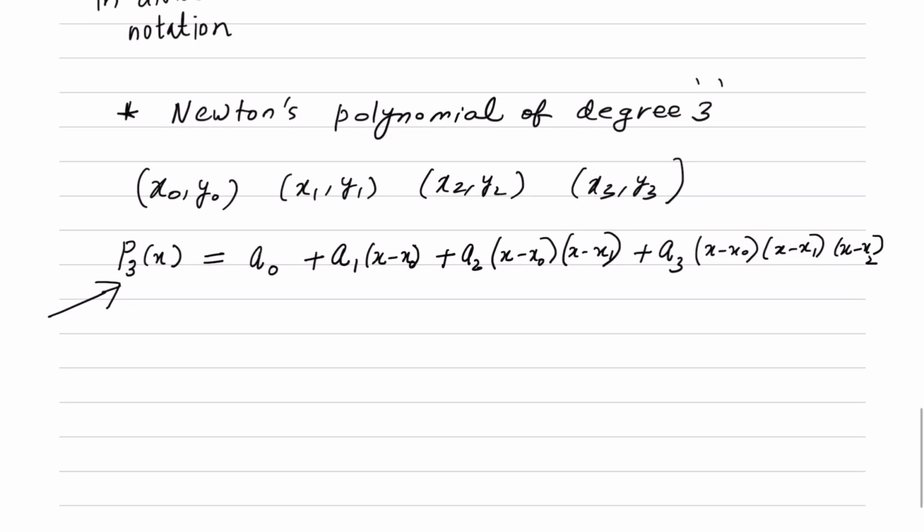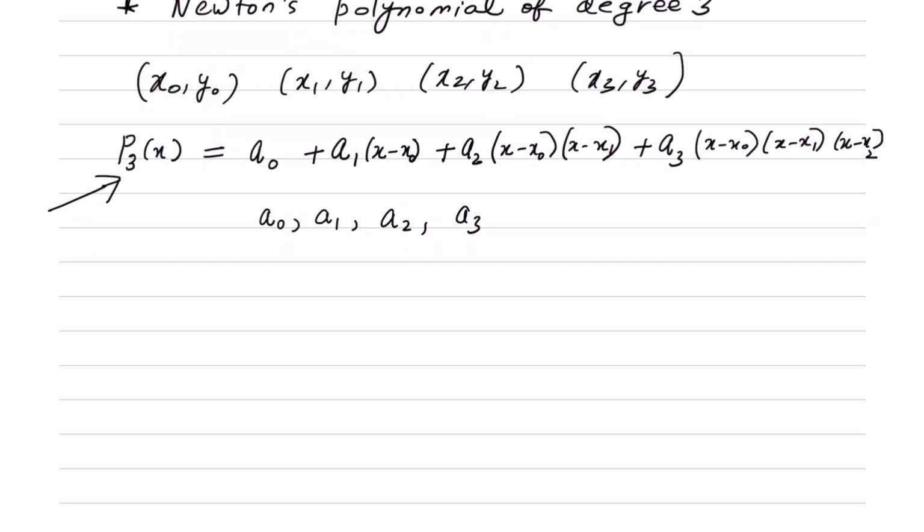Here we have 4 unknowns, 4 polynomial coefficients a0, a1, a2, a3. We have to write these a's in the divided difference notation. So we have seen that previously a0 was f of square bracket x0, a1 was f of square bracket x0 x1. So if you have a1, you stop at x1 and all x's behind x1, which is x0, so you have written here.